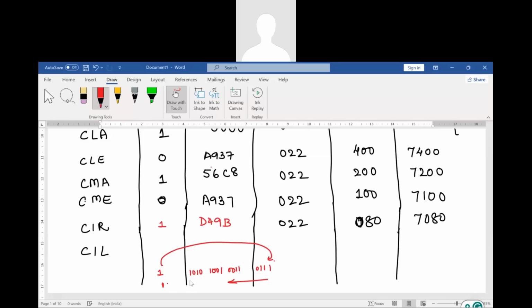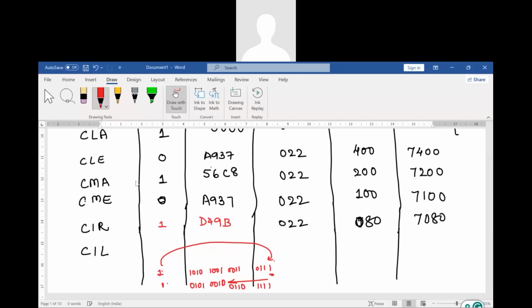Once shifted, this would become 0101, this would become 0010, 0110, 1111. Okay, so the answer to this is, where did we get this least significant bit from?